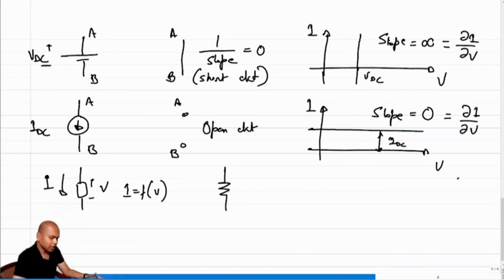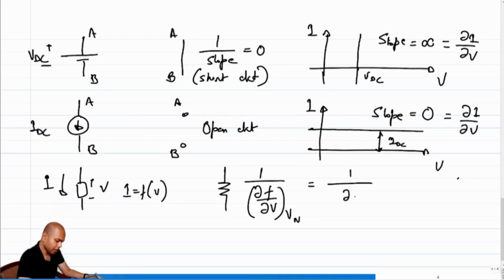If all the terms and derivatives are real, we replace it with a resistor of value 1 over del F del V around some operating point Vn, or I can simply write it as del I del V around some operating point Vn. Okay, does it make sense?